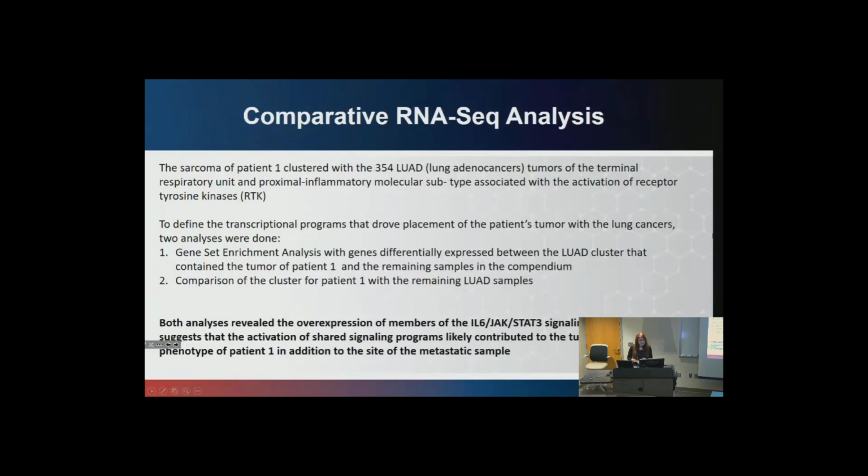First, gene set enrichment analysis with genes differentially expressed between the lung adenocancer cluster that contained the tumor of patient 1 and the remaining samples in the compendium. And the second analysis was the comparison of the cluster for patient 1 with the remaining lung adenocancer samples. Both analyses revealed the overexpression of the members of the interleukin-6 JAK-STAT pathway.